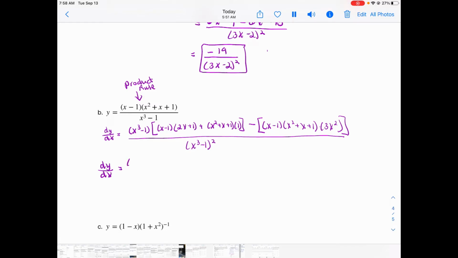Okay, so now we've got a lot of simplifying to do. I'm going to start with the brackets here, and we're going to do the full method for the first two terms inside the brackets. Then distributing 1 to the second parentheses just copies it down. Notice I'm keeping my brackets so I don't lose that multiplying by negative 1. Now I'm going to take 3x squared times x minus 1.